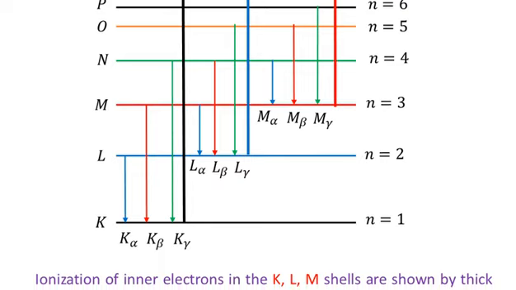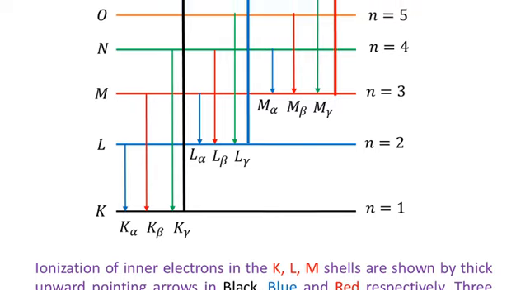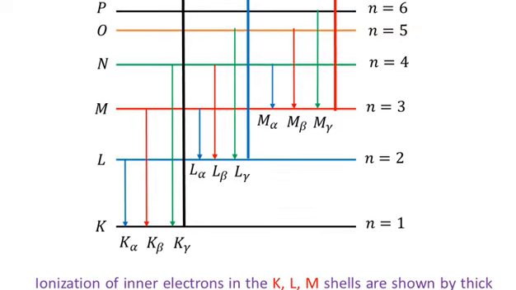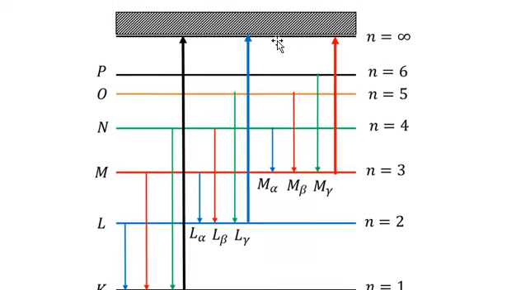So you see that here I am plotting different edges. For example, three elements of each edge have been plotted in this diagram. You see that this is the limit where the atoms are ionized. That is, n goes to infinity. In this shaded region, the atoms have been ionized and the electrons are thrown away.